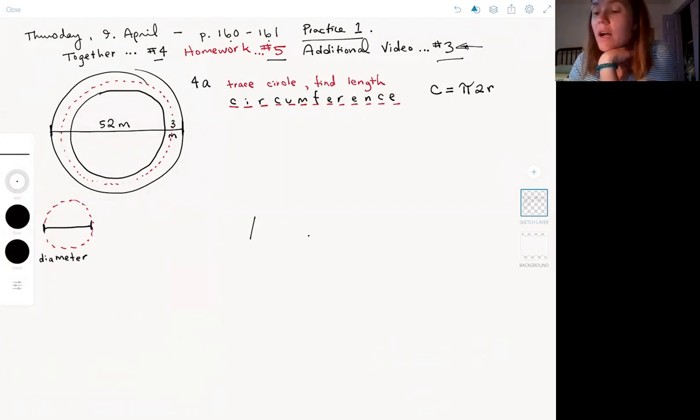And so I have to figure that out using the information that I already have. So I know that from here to here is 52. And I know that this distance here is 3 meters.